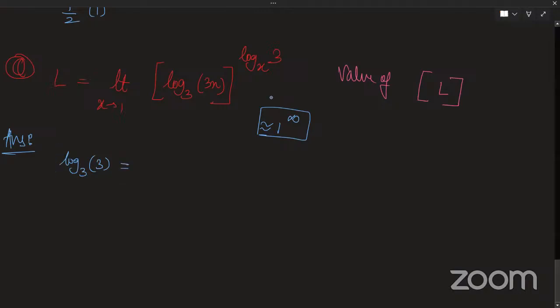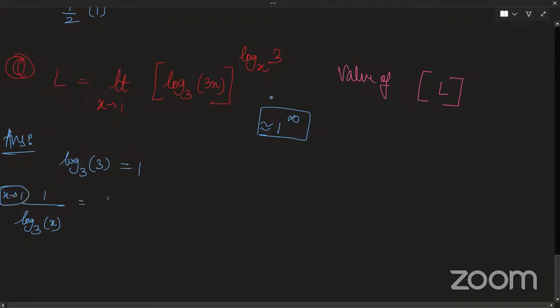What about the power, log base x 3, log 3 to the base of x? How did you handle that? This can be written as 1 by log base 3 of x, right? x is tending to 1.